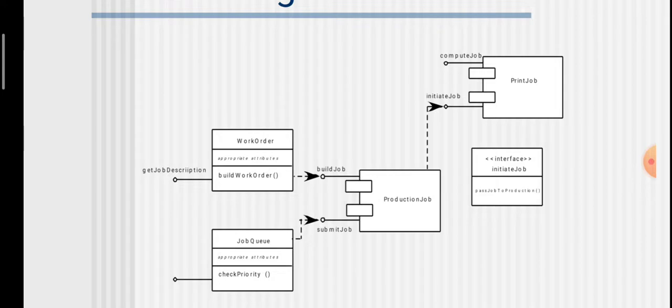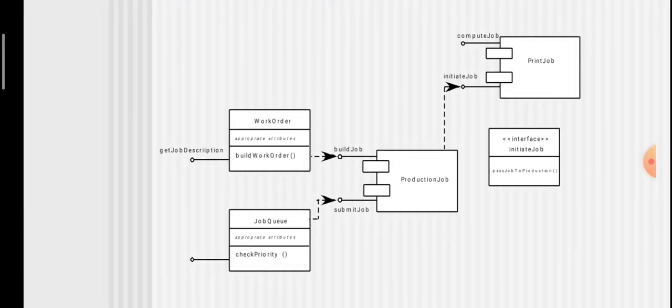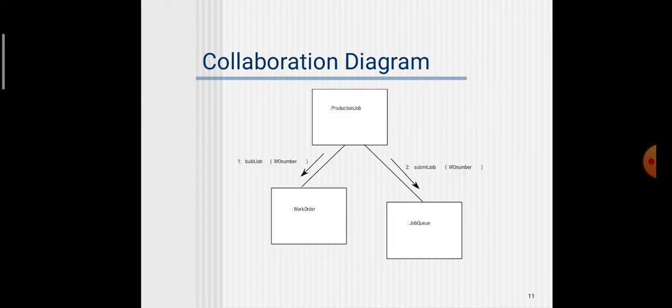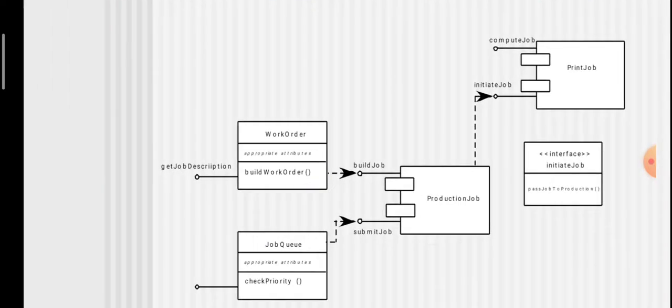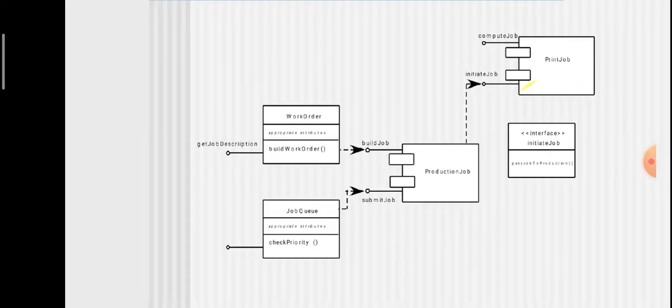In case of print job, I can refactor that into production job, and again this production job can be refactored into work order and job queue. So this is called refactoring. A complete component can be broken down into small parts.